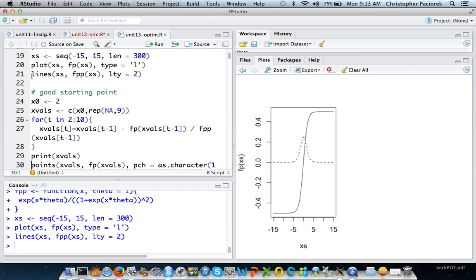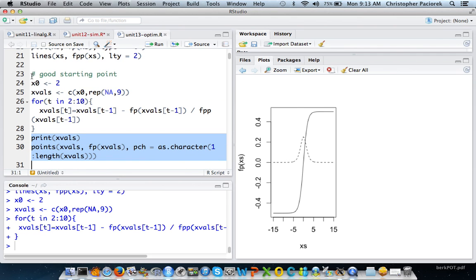And then suppose I take x0 to be 2 as my starting value. Okay, so I'm just going to apply the Newton's method recipe, which is the current value minus the gradient divided by the second derivative. That's going to get me my next value, and then I'm going to just walk my way from there.